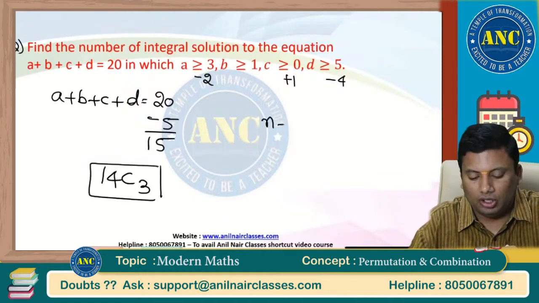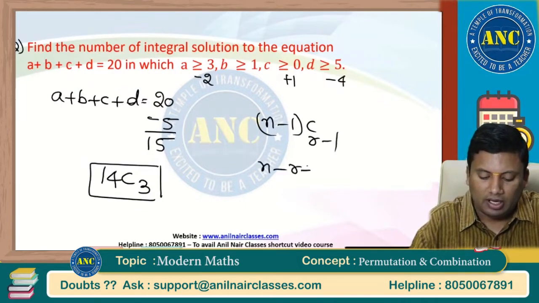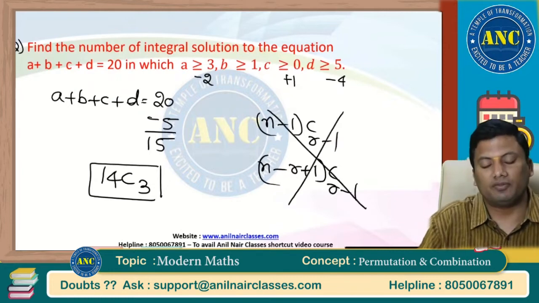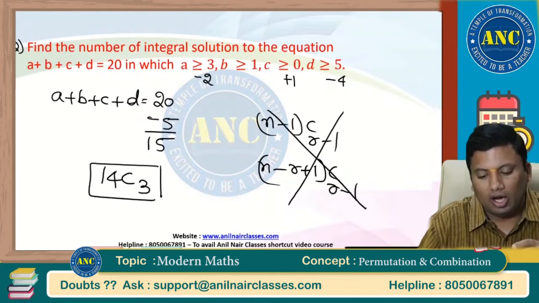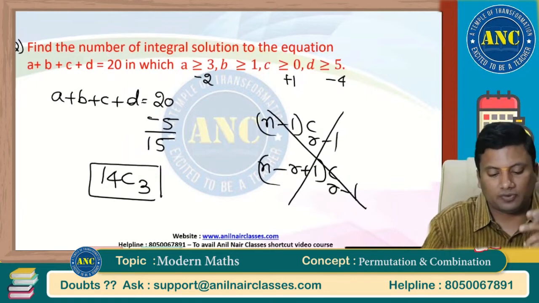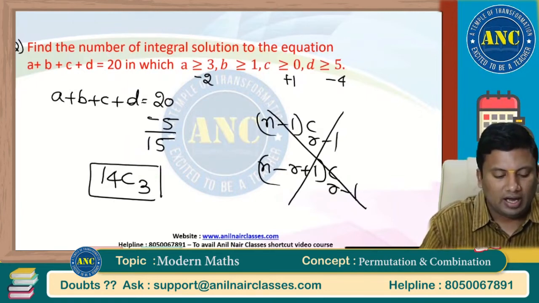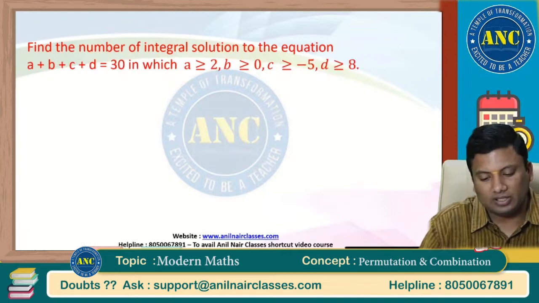Please don't use any of these n minus 1 C r plus 1, n minus r plus 1 C r minus 1. Don't use any of these stupid formulas. You don't need it. So all of them need to be made 1: minus 2, plus 1 and minus 4. Minus 1, minus 4, minus 5, 20 minus 5, 15. The answer is 14C3.